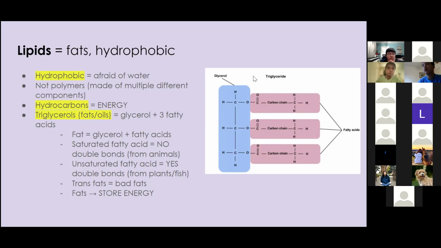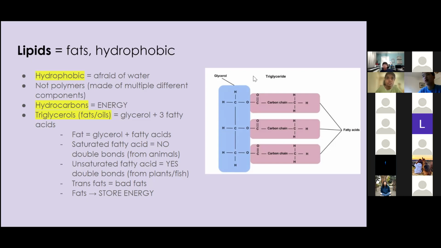So diving deeper into the triglycerols, in order for something to be a fat, it has to have the glycerol and the fatty acids. And fats are divided into two groups mainly: the saturated fatty acids, and the unsaturated fatty acids. The unsaturated fatty acids are the ones that have double bonds.